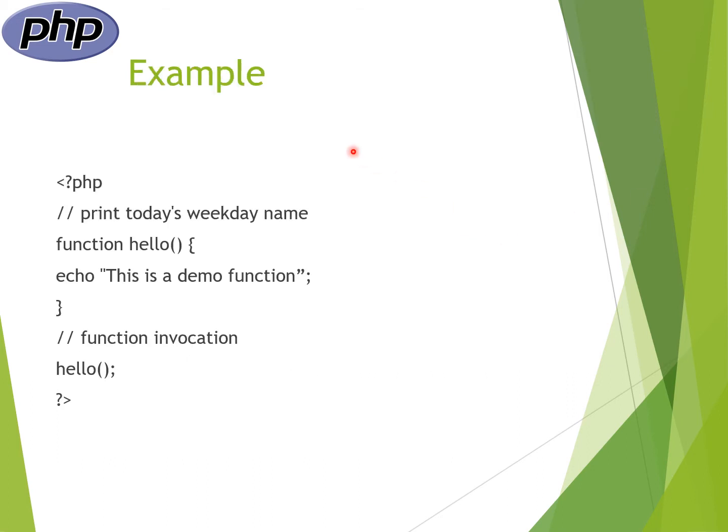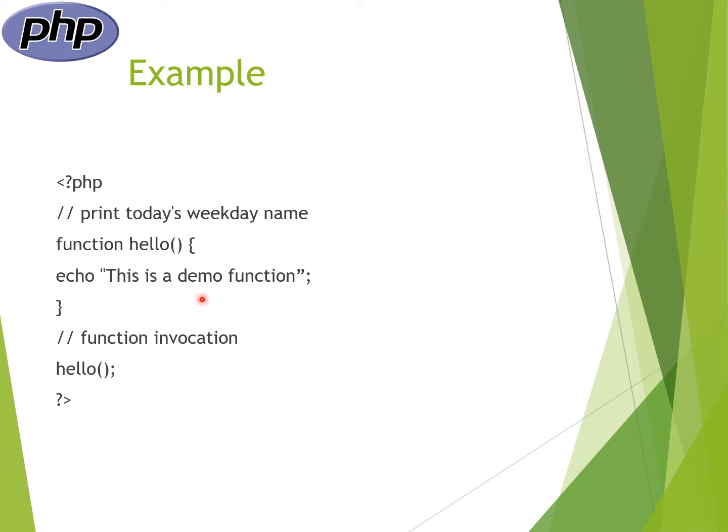We have an example with us. This is the start of PHP code, and here we have a function. function is the keyword used to define a function in PHP. function hello: hello is the function name. This function has no input value. A block is associated with the function: echo "This is a demo function".